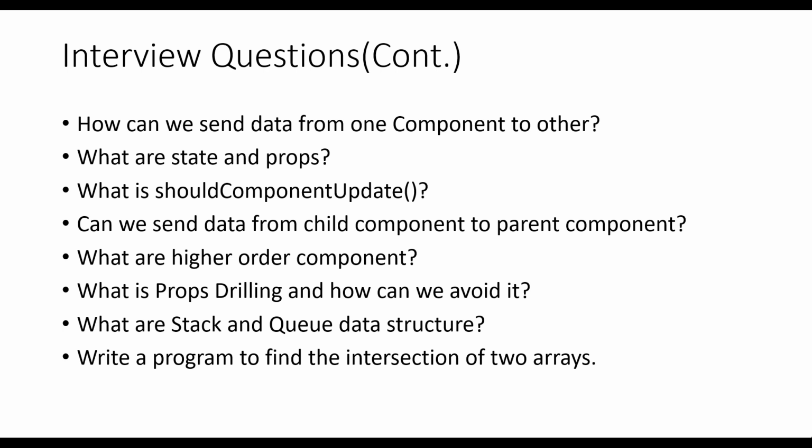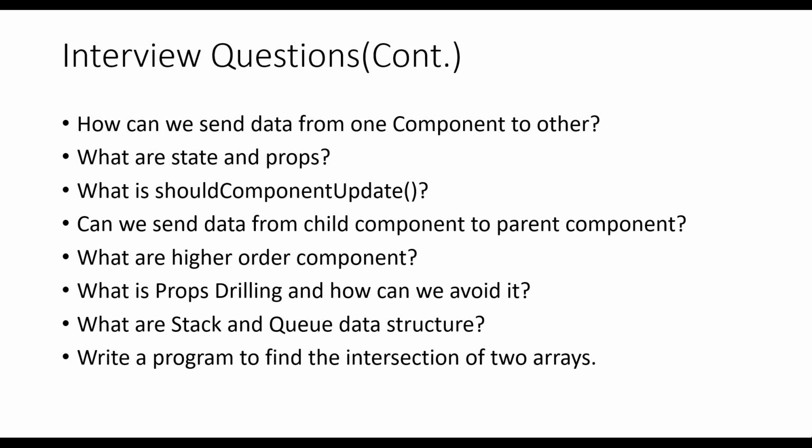And in a larger application, we can also use Redux. Redux is also a state management library. In a smaller application, we can use the context. First we have to create the context, then we have to provide some value to the context, and then wherever the data has to be passed down the hierarchy, there we can consume the context value.